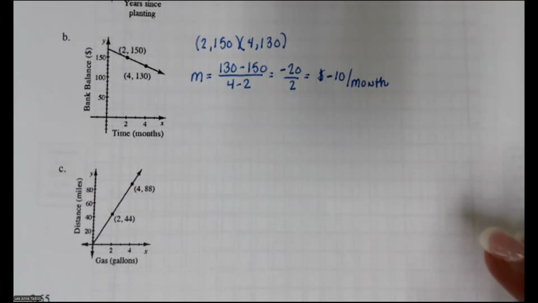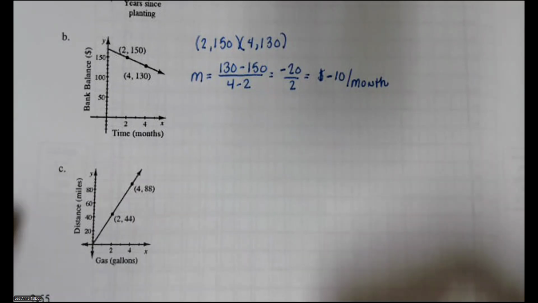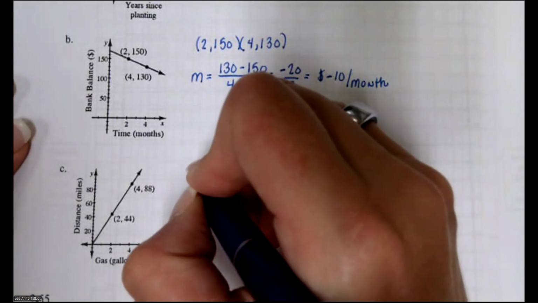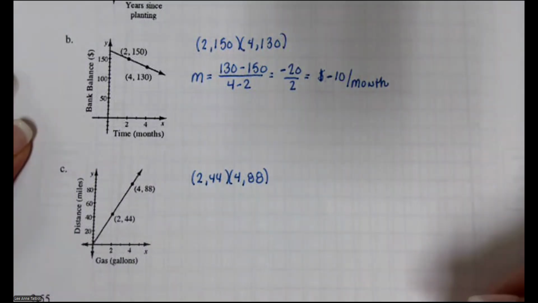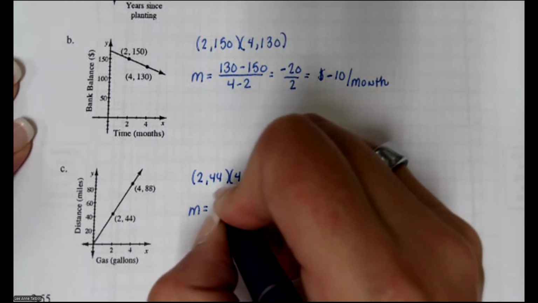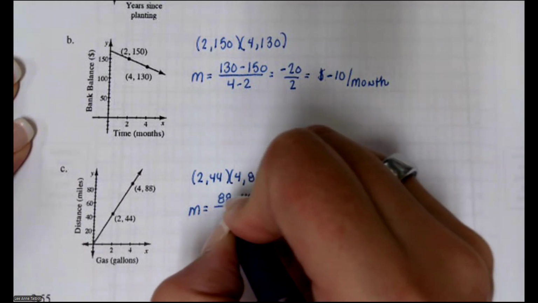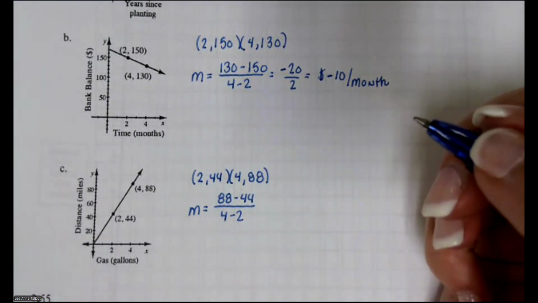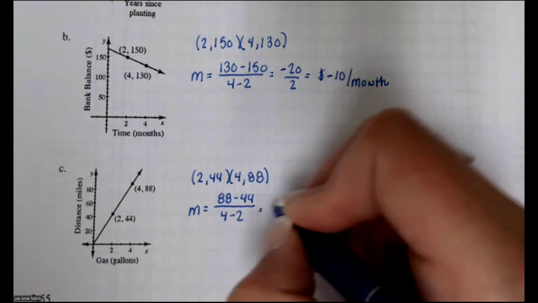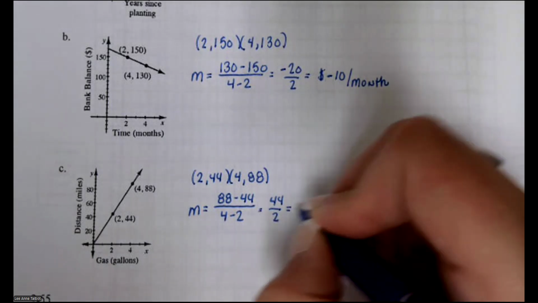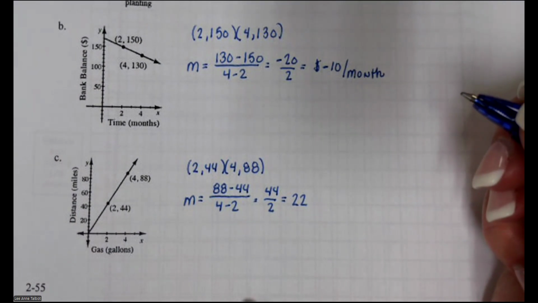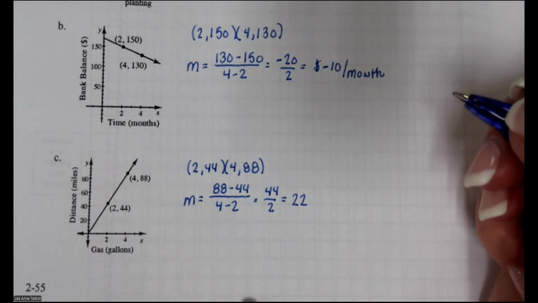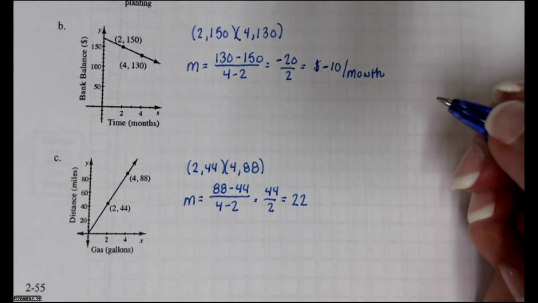For C, do you want to do slope formula or triangle? Okay, do whichever one you like better. Okay, what'd you get for units?